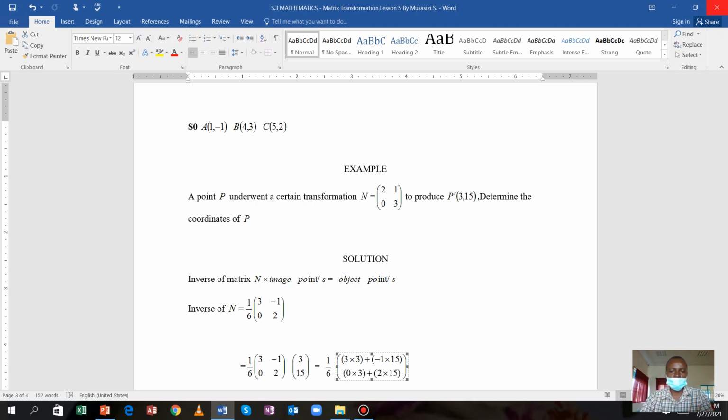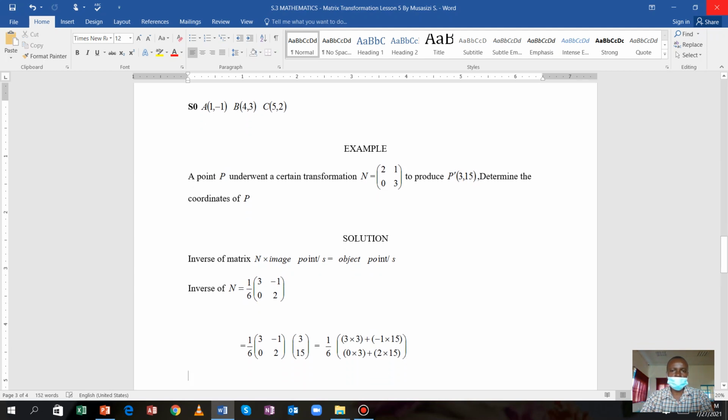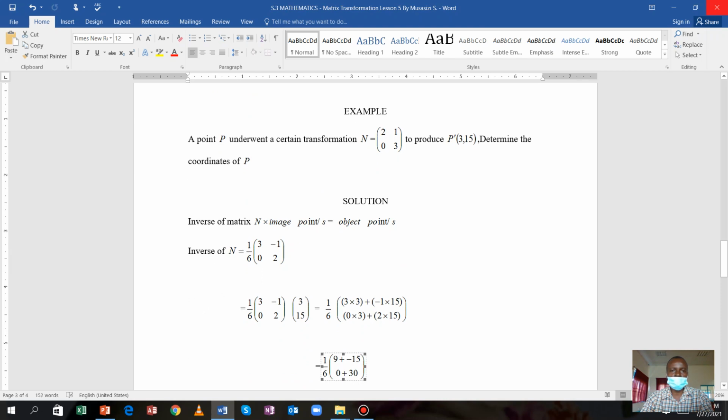Then we shall multiply that by the image point. It was (3, 15), if you can see the image point. You convert it to a column vector, not as it is in coordinate form, and it becomes 3, 15.